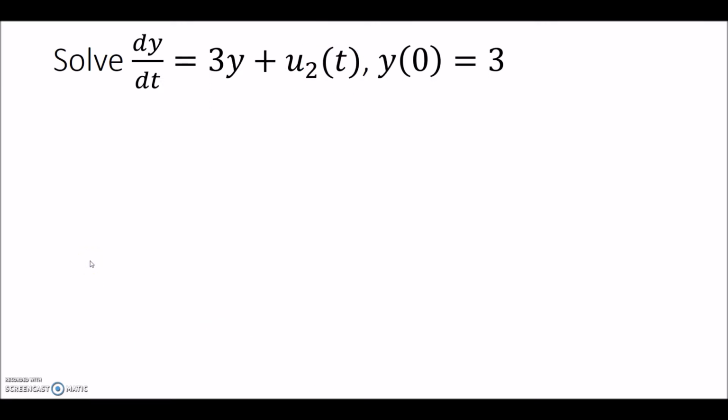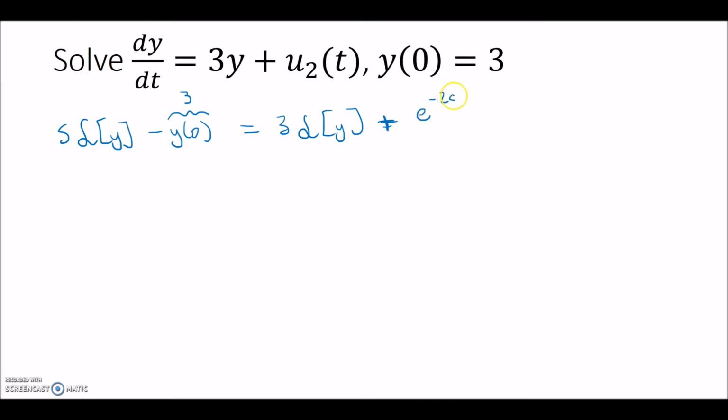The first thing I'm going to do is take the Laplace of both sides. I know the Laplace transform of dy/dt is s times the Laplace of y minus y of 0, which I know is equal to 3, which is equal to 3 times the Laplace of y plus the Laplace of u sub 2, which we know is e to the negative 2s over s.